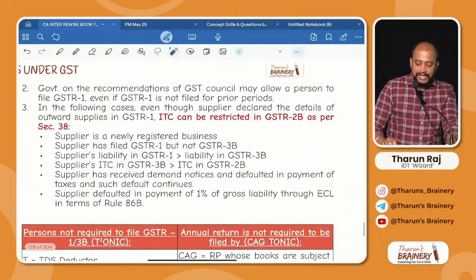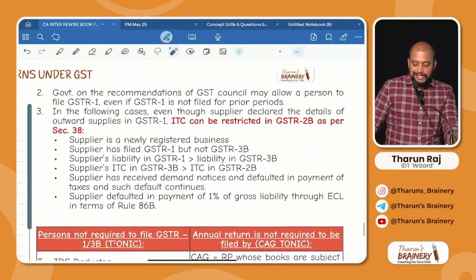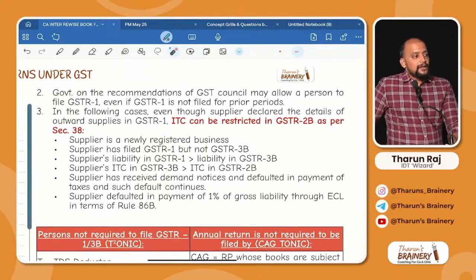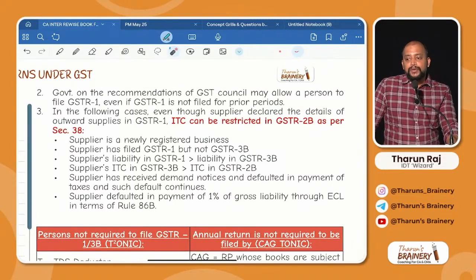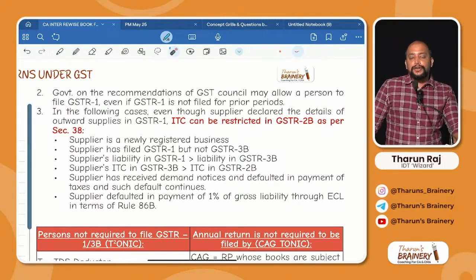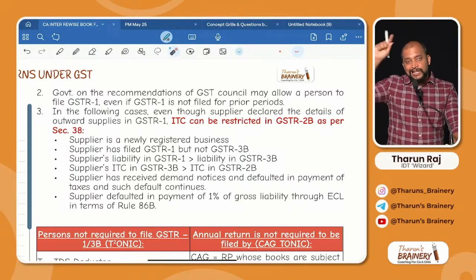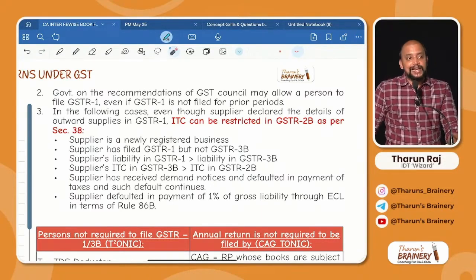Give the reference there, refer page number 166. That section 38 information is on page 166. So when you are reading that point, section 38, take that page number 166.